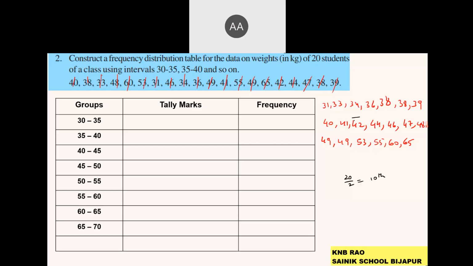On this side, how many are there? I have this side: 60, 1, 2, 3, 4, 5, 6, 7, 8, 9, 10. So this is called the 11th fellow from the ascending order, correct? X is equal to 30.